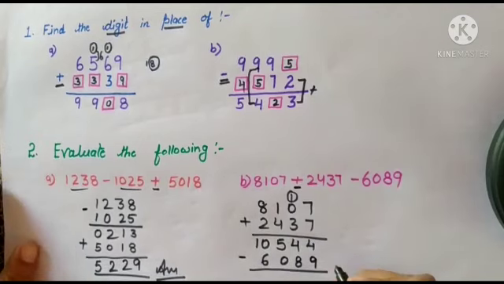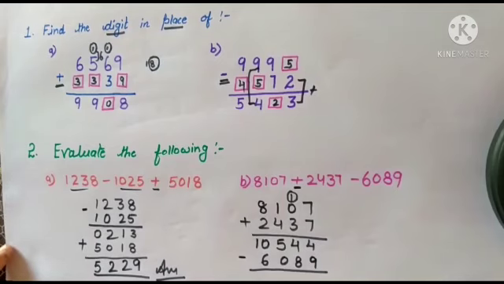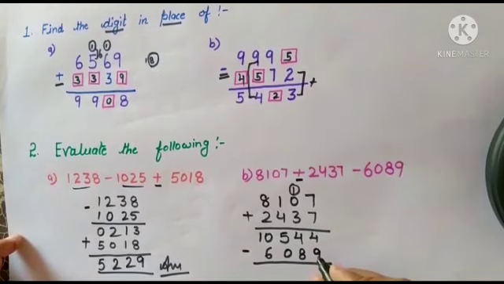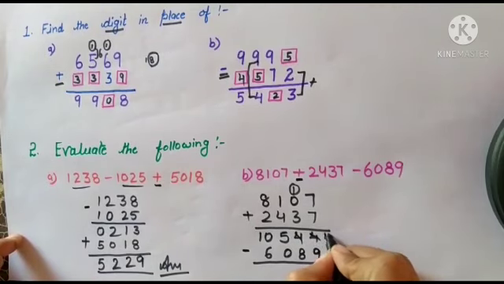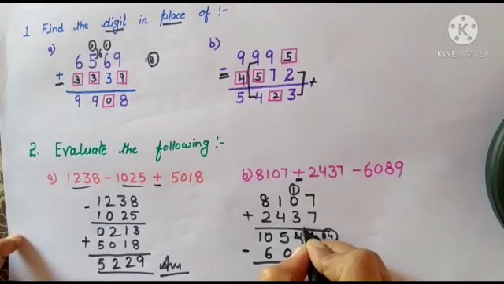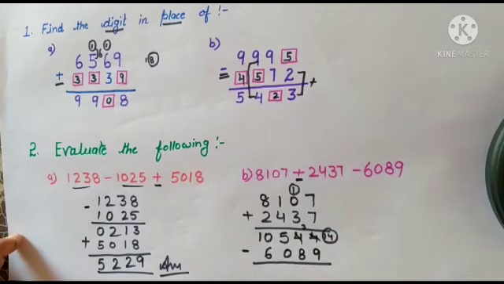From 4, 9 cannot be subtracted. So it will borrow from the neighbor. Here it becomes 14 and here it becomes 3. 14 minus 9. Count with me. Count on your hands. It comes to 5. Yours is correct.